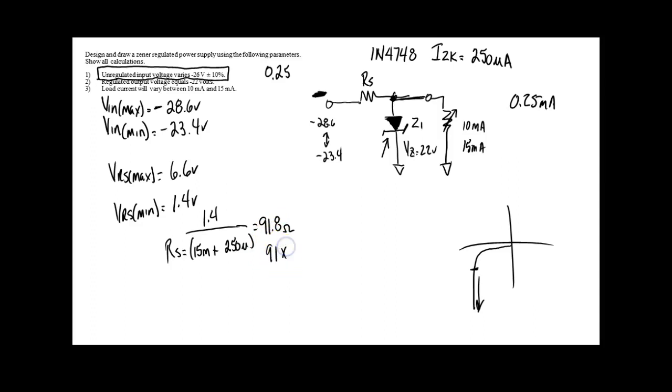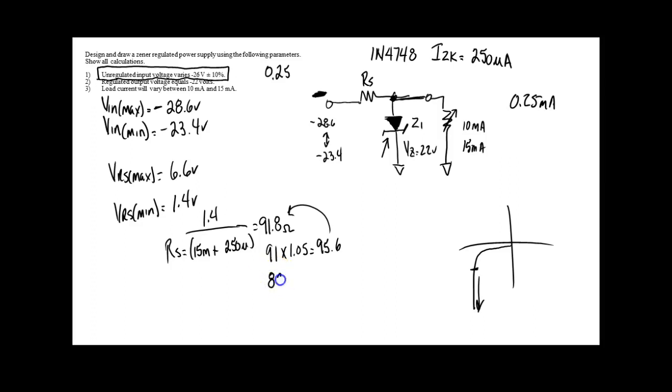I'm going to multiply it by 1.05. And what do we come up and get? Yeah, 95.6. Yeah, that's not going to work, right? You understand? So what's the next value?